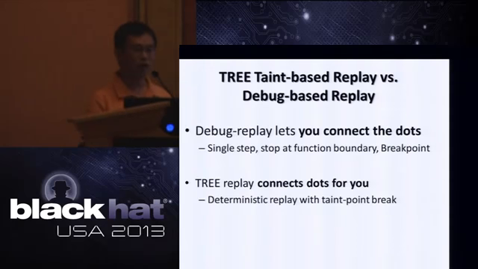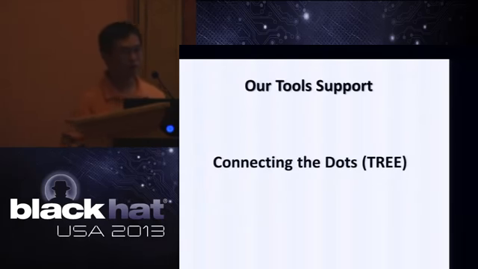Then tree will automatically propagate the changes along the rules you specified. Then it connects the dots so you can move to different dots that are relevant to look further. So we'll explain that with examples here. Let's move to the next point.